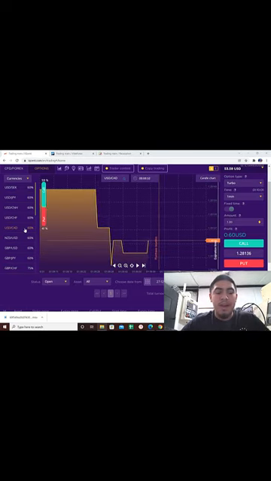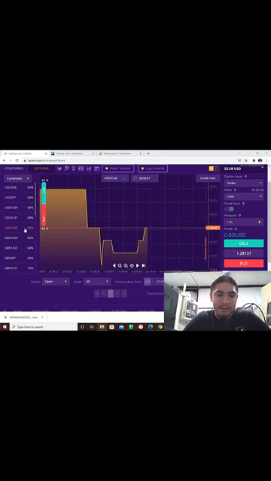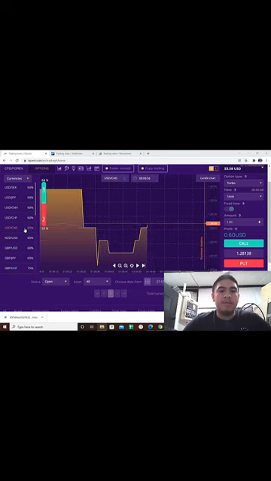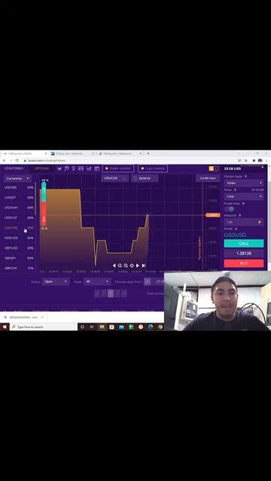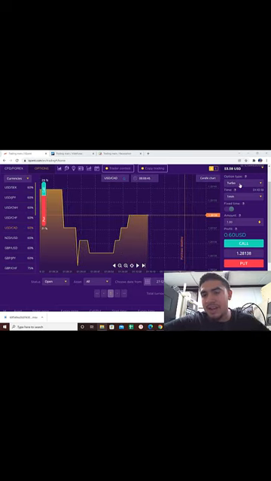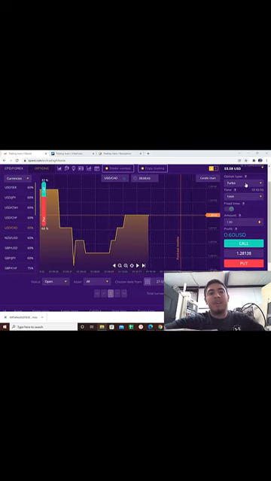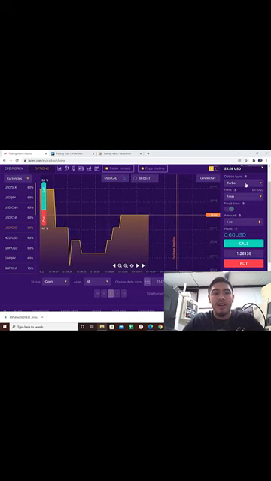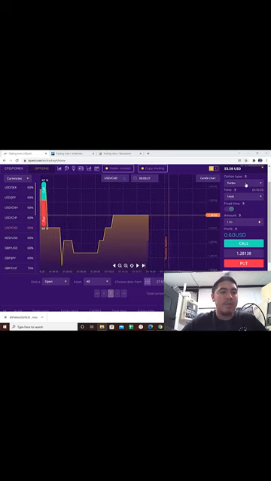It does fluctuate, so it doesn't mean it's always going to be paying out 60%. For every dollar that I trade, I'm going to be making 60 cents on this specific pair right now. On this right-hand side, they have different options for the length of the trade. Since it is time-based trading, you are able to take longer trade times.